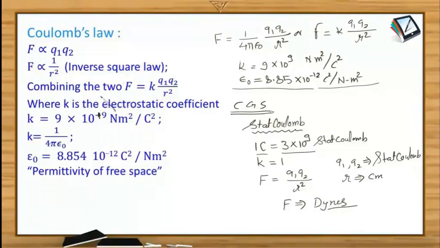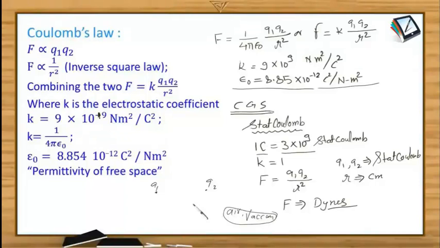And one more point. Suppose the two charges Q1 and Q2 are kept at some separation and the medium in between the charges is air or the vacuum. If that is the case, then the formula which we have written is correct. This formula is based on the fact that the medium between the charges is either air or just the vacuum.